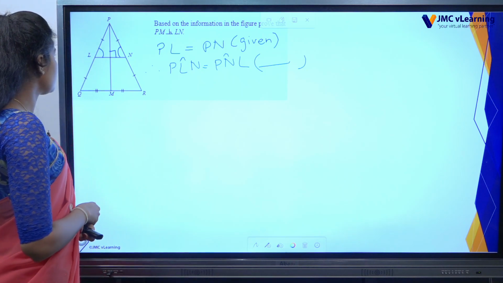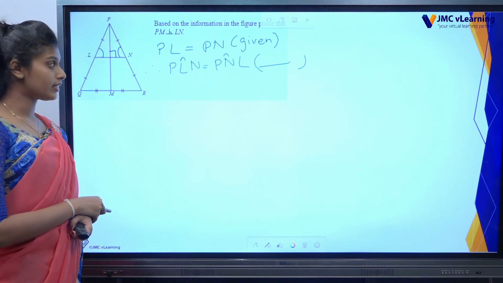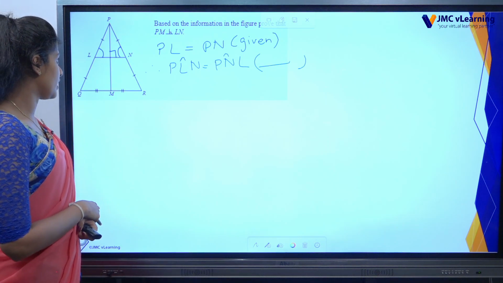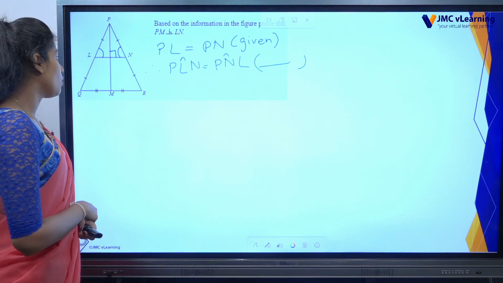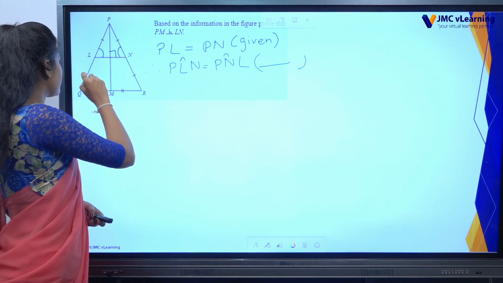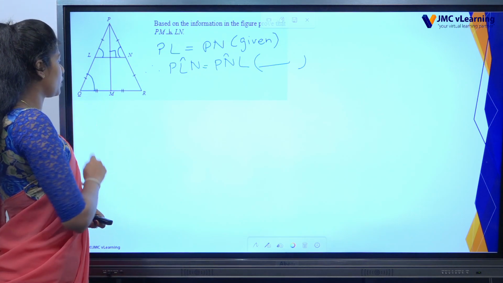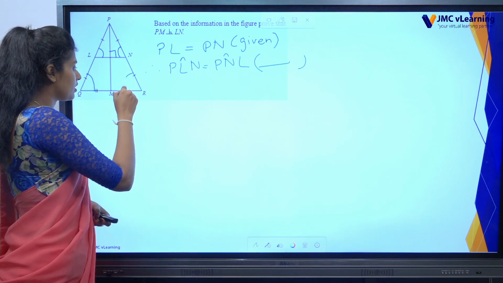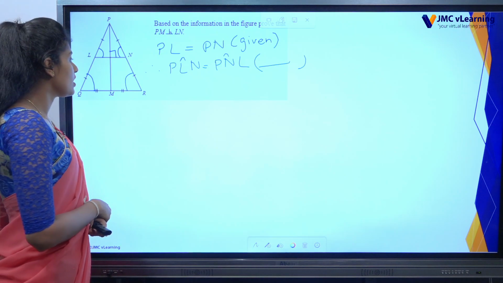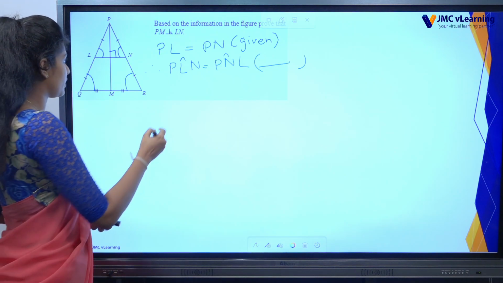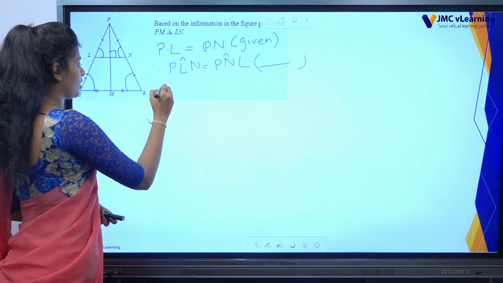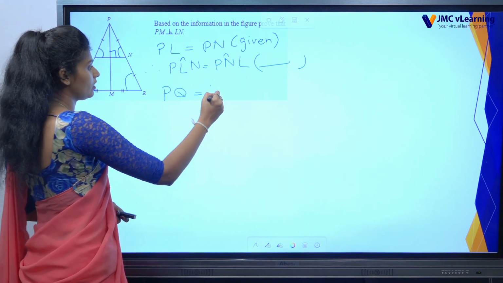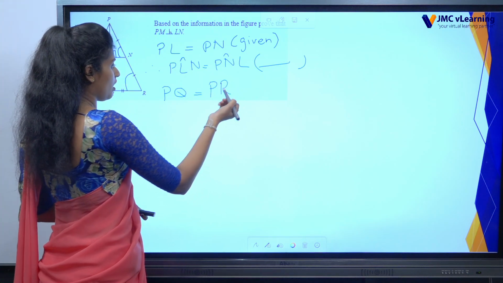Then you can see that PQ side length and the PR side length are also equal in length. They have given it. So we can write that PQR angle and PRQ angle are also equal in magnitude. Let's write it. PQ is equal to PR.